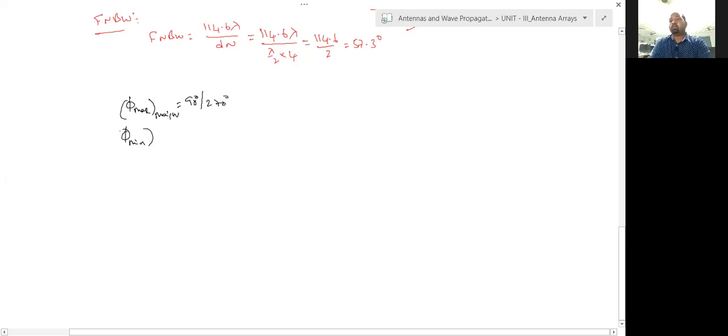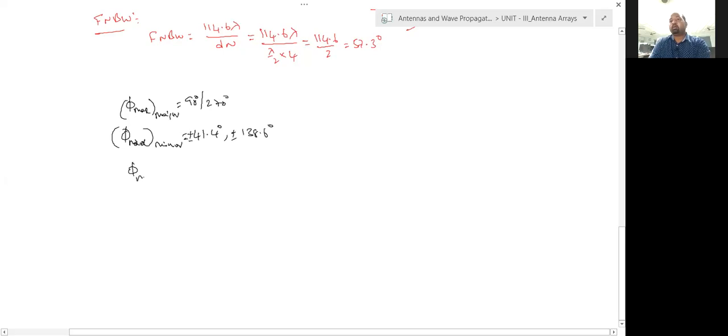Maximum directions of the minor lobes: 41.4 degrees and plus or minus 138.6 degrees.